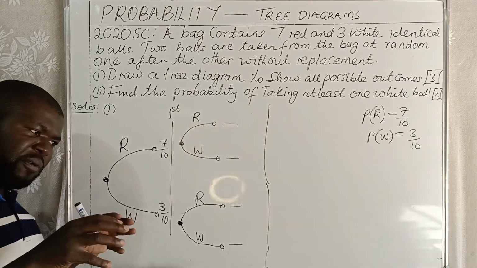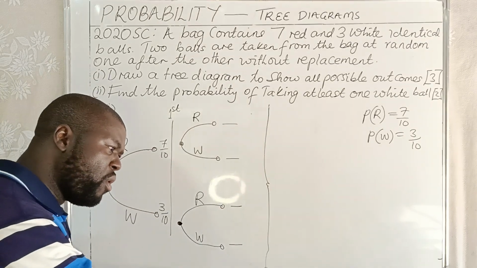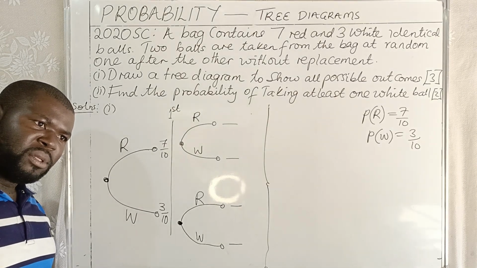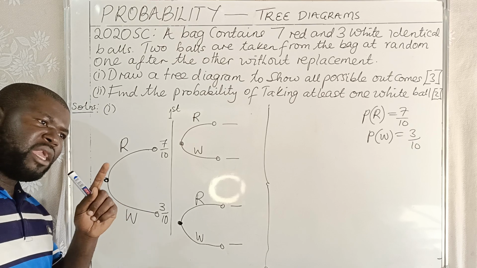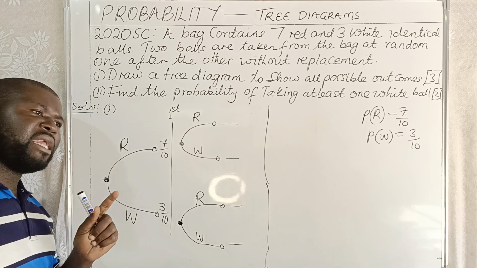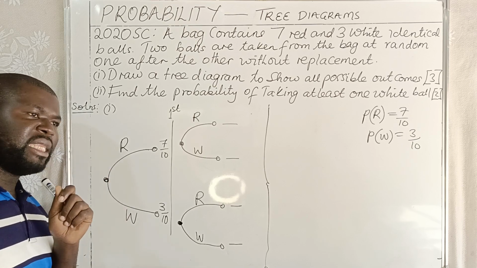So initially, before the first picking, the balls were 10. Now one was picked and put aside. So they were 10 initially. Now after picking one, what remains in the bag is 10 minus 1, which is 9.